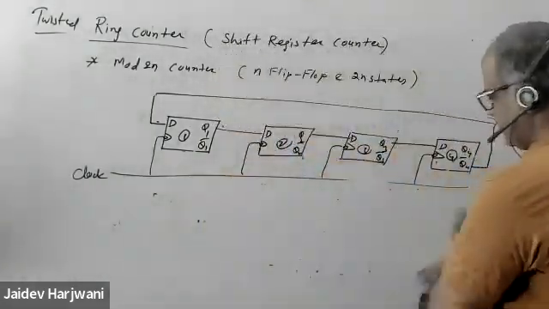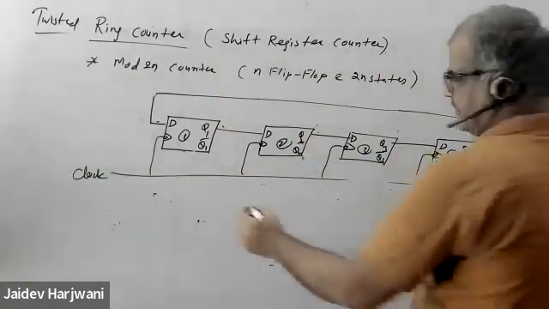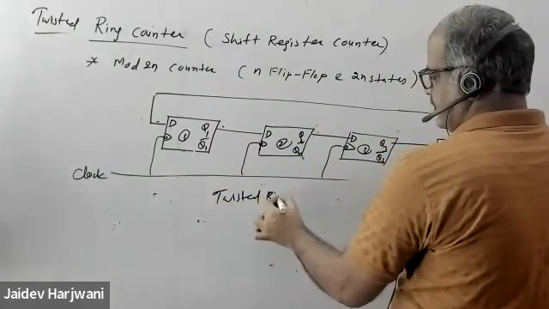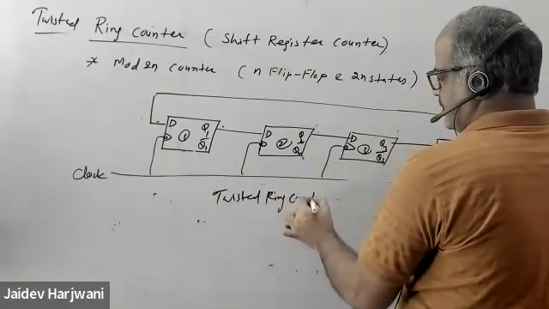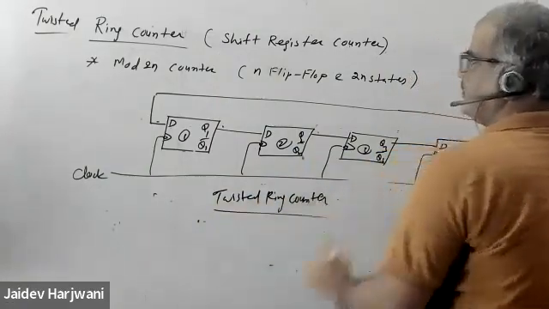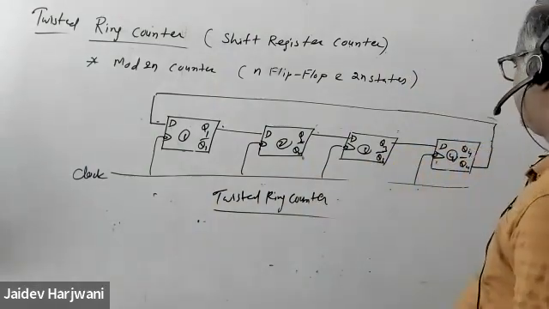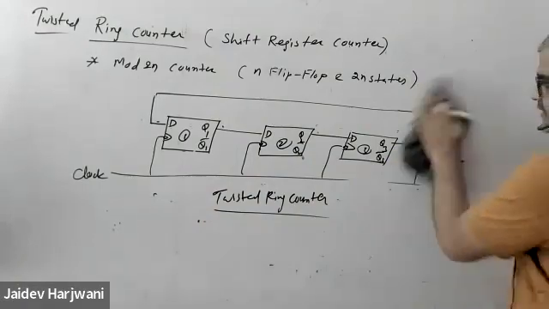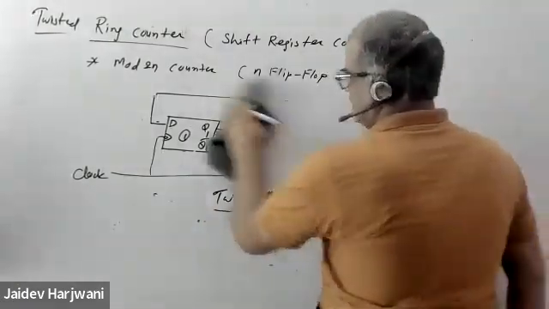Okay, so this is basically your twisted ring counter. Let me make it a little bit smaller, since I need more space. So I'm drawing this again.